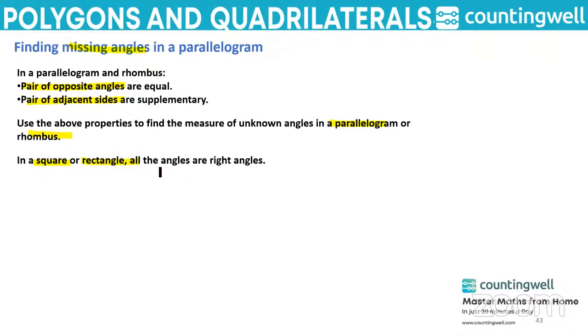The interior angles of a square and rectangle are always of measure 90 degrees. So don't make the mistake of taking the question as incomplete and leaving it as it is, because there is no point in giving the interior angles of a square or rectangle.